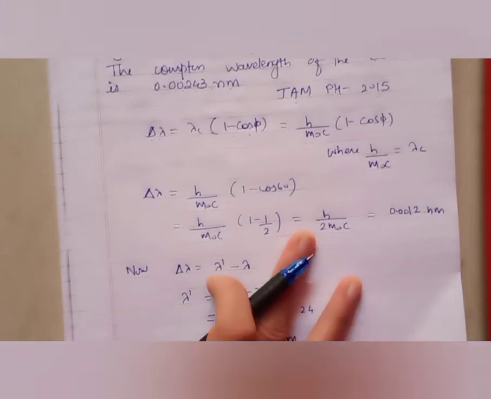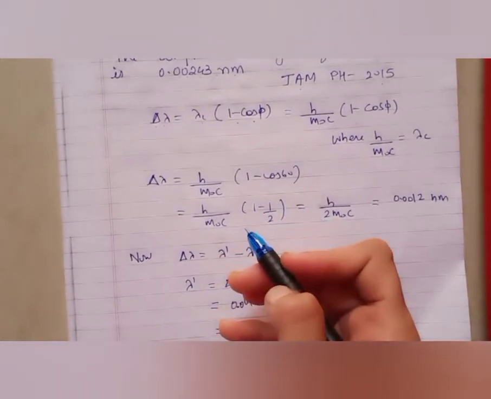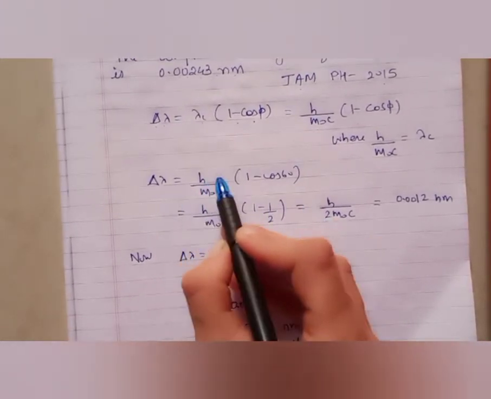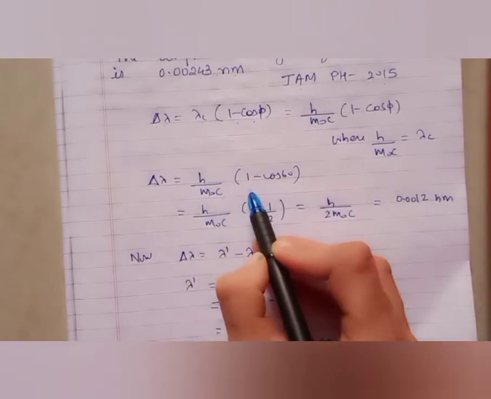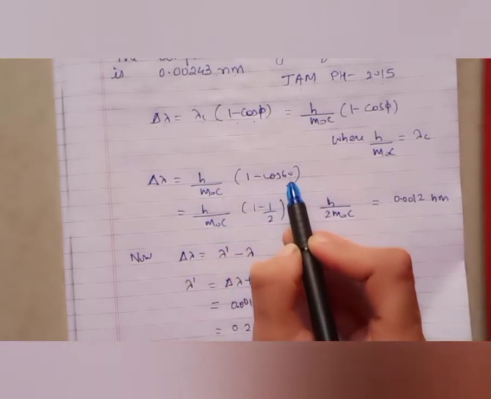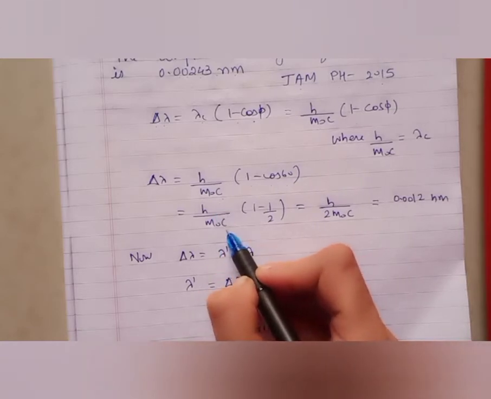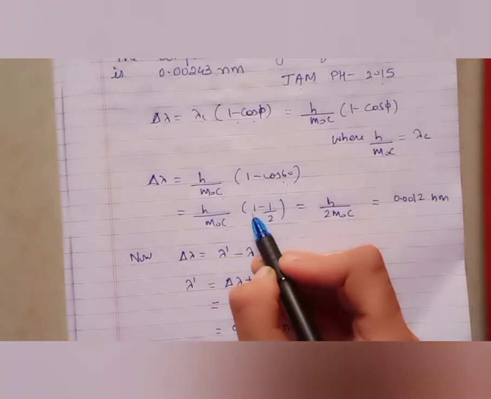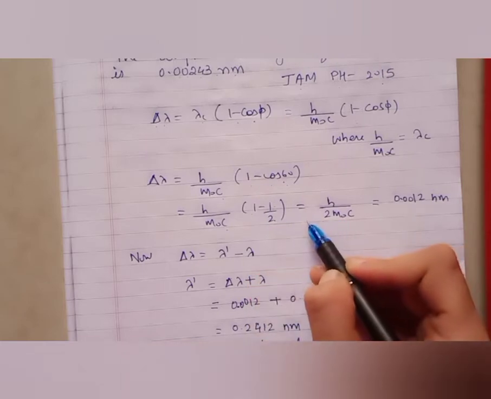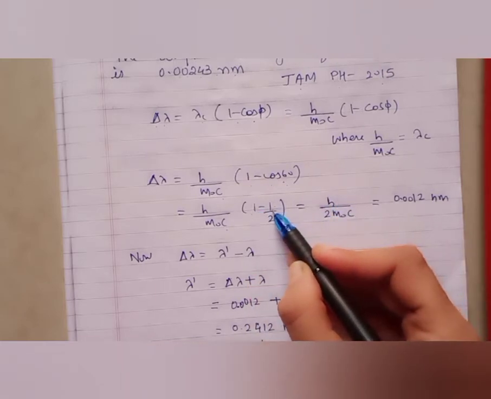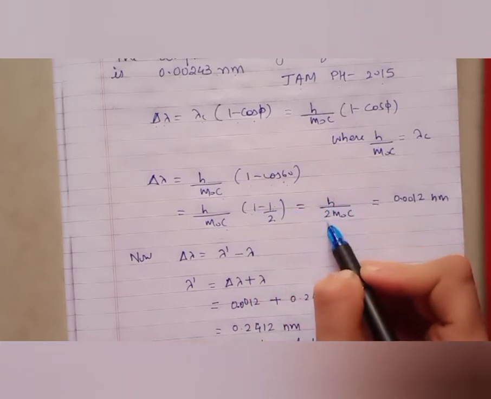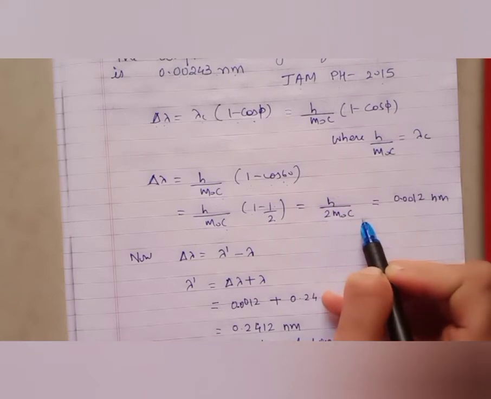Here the angle given is 60 degrees. So delta lambda will be h upon m0c into 1 minus cos 60 degrees. Cos 60 is half, so 1 minus half is half, so it will become h upon 2 m0c.